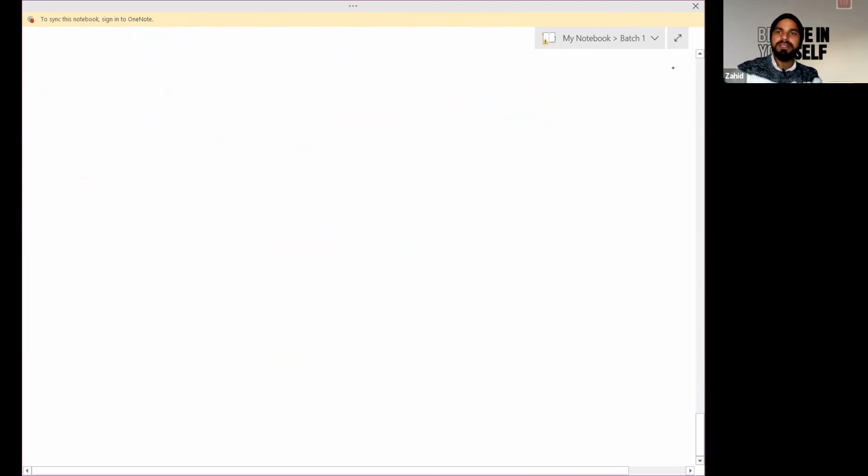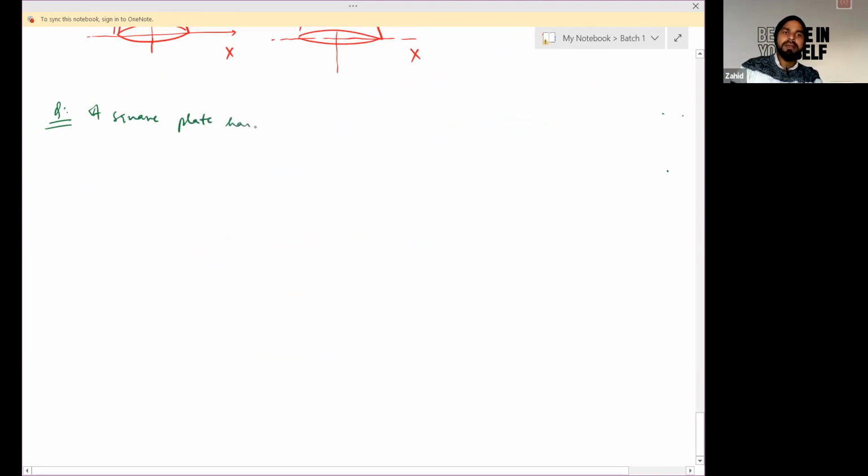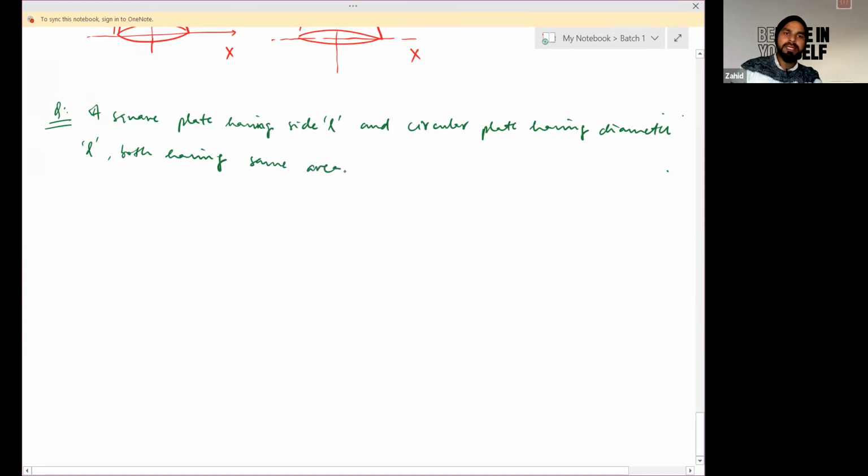Now there is a question related to this. A square plate having side L and a circular plate having diameter L, both having the same areal density, are placed side by side.